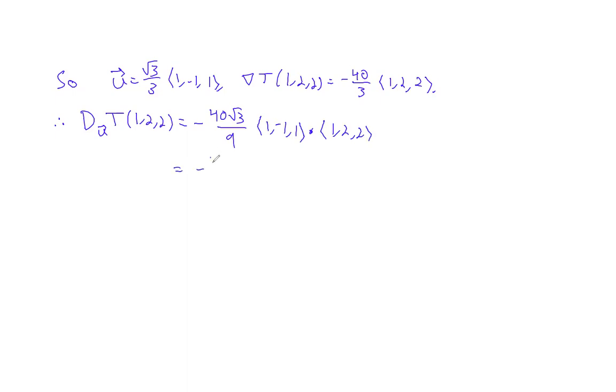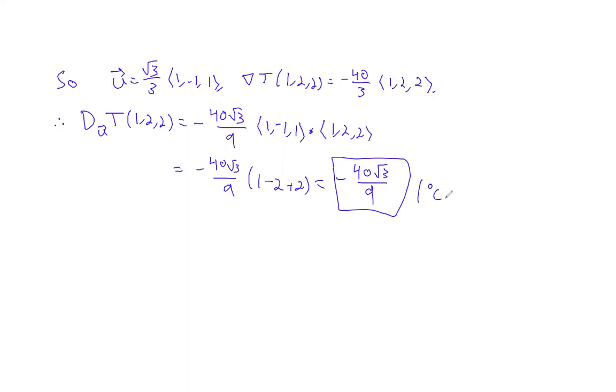That's going to come out to negative 40 root 3 over 9 times 1 minus 2 plus 2, or in other words, just negative 40 root 3 over 9. So that's the rate at which the temperature changes. And if you want to include units, I would imagine those units would be in degrees Celsius per meter.